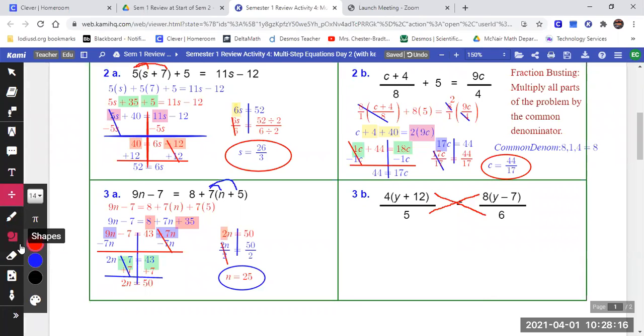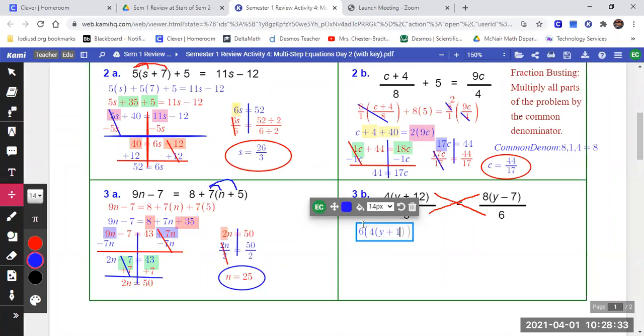Okay, so we're going to be multiplying the upper left with the lower right. So that is going to be a 6 times the 4 times the y plus 12. Because that's the bottom times the, right?